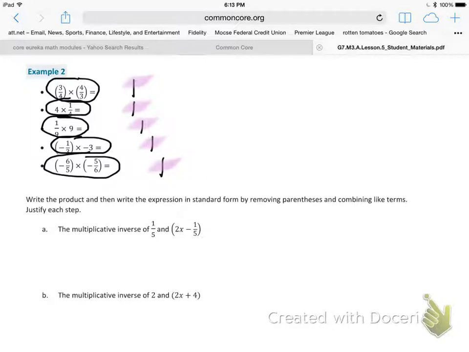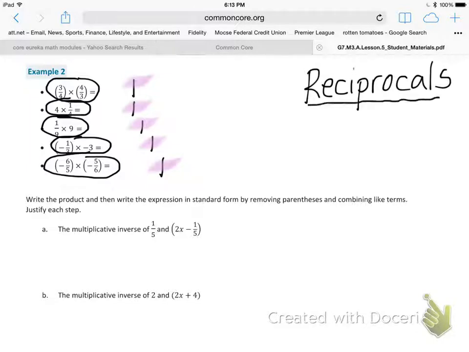All of these pairs of numbers are called reciprocals. Reciprocals. And this is a very important term. I think most of you know this term, if not all. And we will be using that. That'll come quite handy to you throughout the rest of this year and beyond.